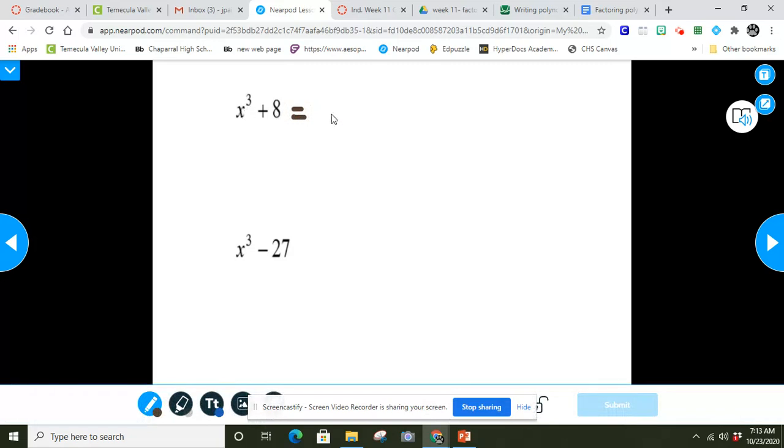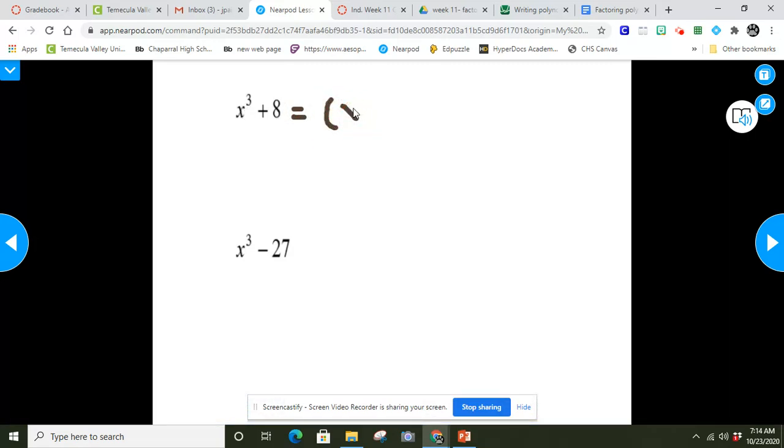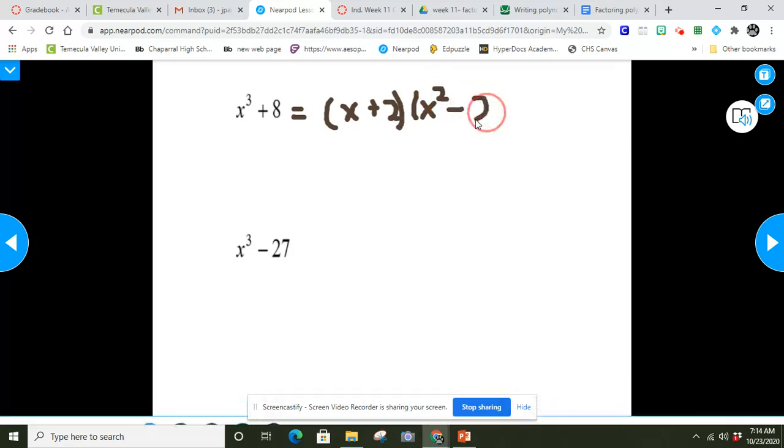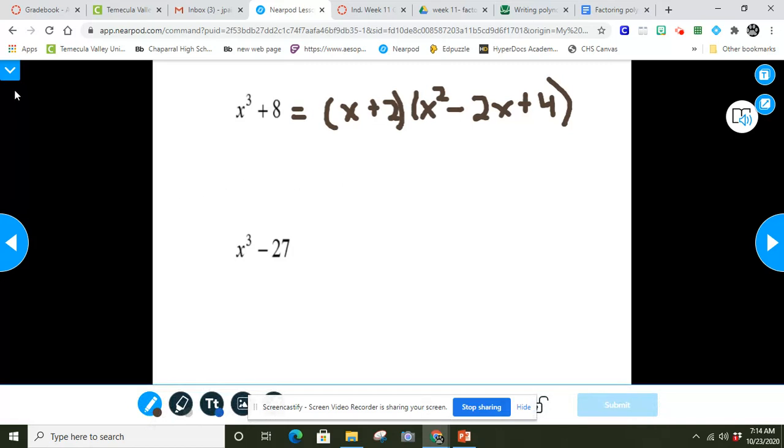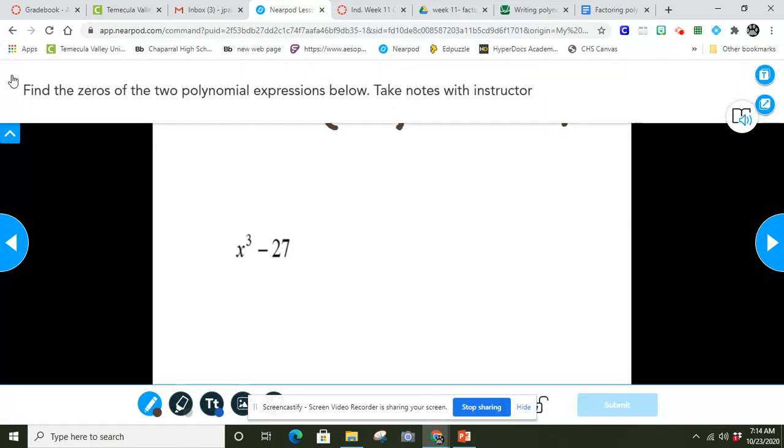It's going to be x plus 2, then x squared minus 2x, always positive, then 2 squared is 4. So it's factored.